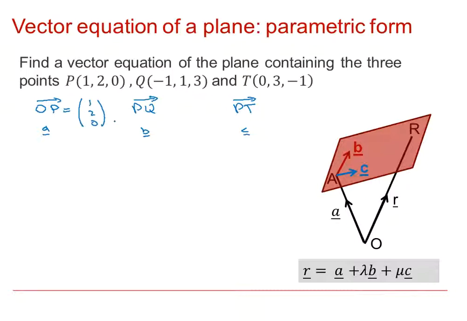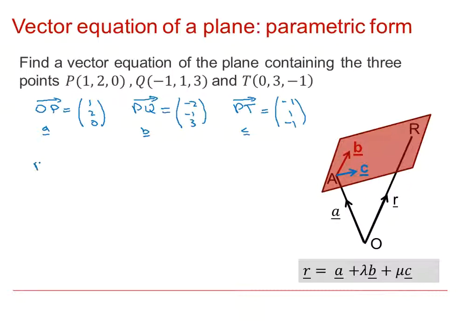I could have used the position of Q or the position of T. For one of my direction vectors, I'm going to use the vector from P to Q. So that's -2, -1, 3. And for another direction vector, I'm going to use the vector from P to T. So that's -1, 1, -1.